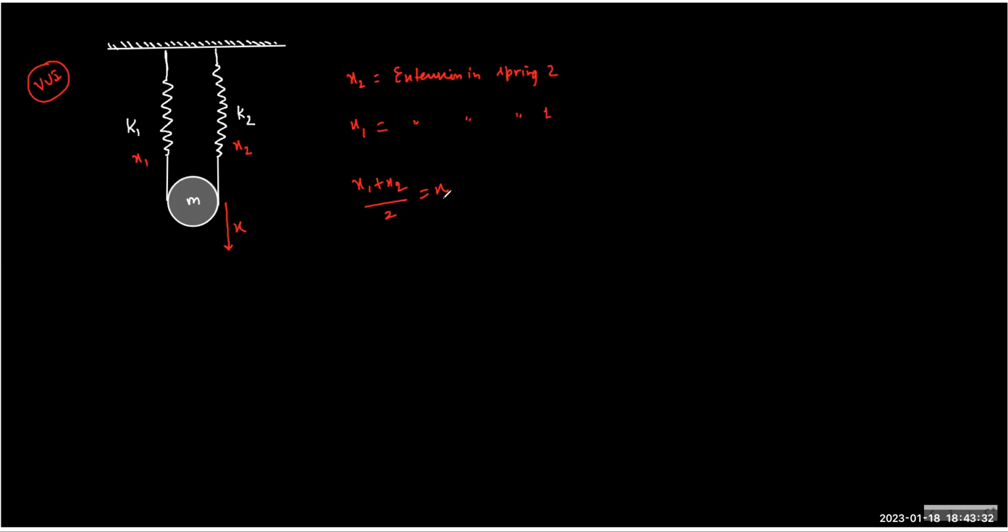Can you explain again? So imagine there is no pulley. You pull the left spring by x1, the right by x2.